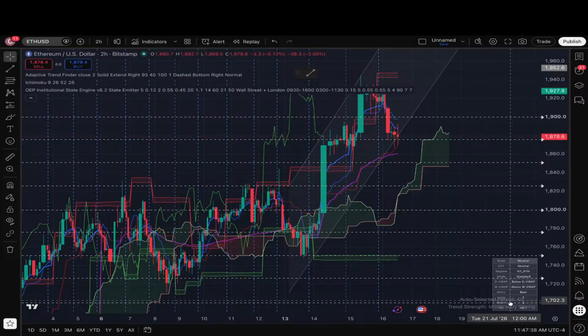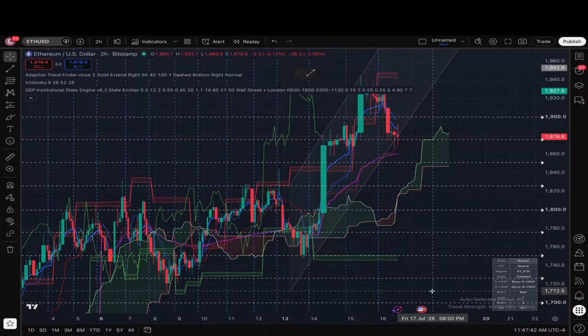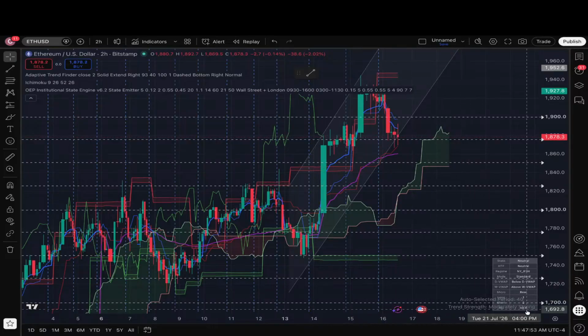It tells you the probability of a long, how advantageous it would be to create a long position. And right now you're at a 1 on a scale of 0 to 10 along the 2 hour candle. And then you have the short probability, which is currently about a 2 or 3.